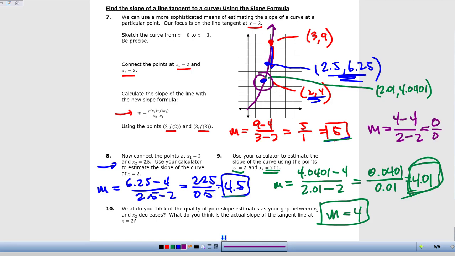Now that does not mean that we have an undefined value. We clearly know that there is a tangent line and that it has some sort of slope. We've deduced that it's going to be 4, but as soon as we try to calculate it, we get this 0 over 0.